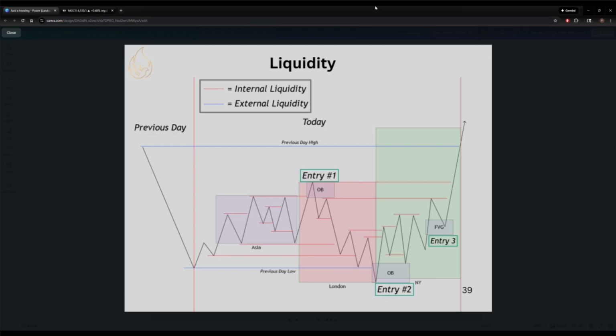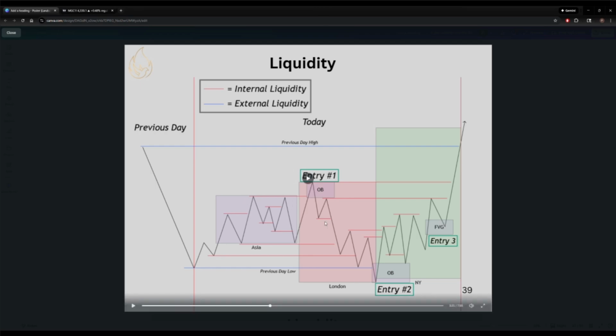So we swept the high, and then what happens? We have a bearish reaction. We manipulated the highs, and now we're trying to distribute down to the external low. External lows, but the first target will be the Asia low, the internal first, and then we're taking the previous daily low.